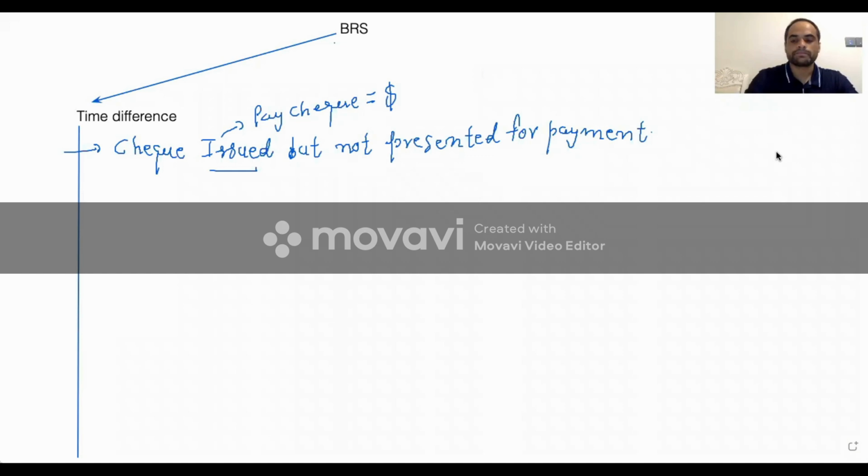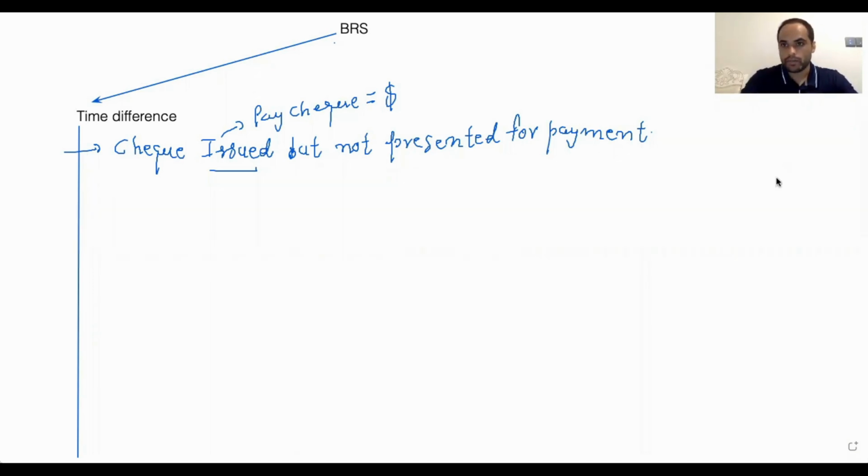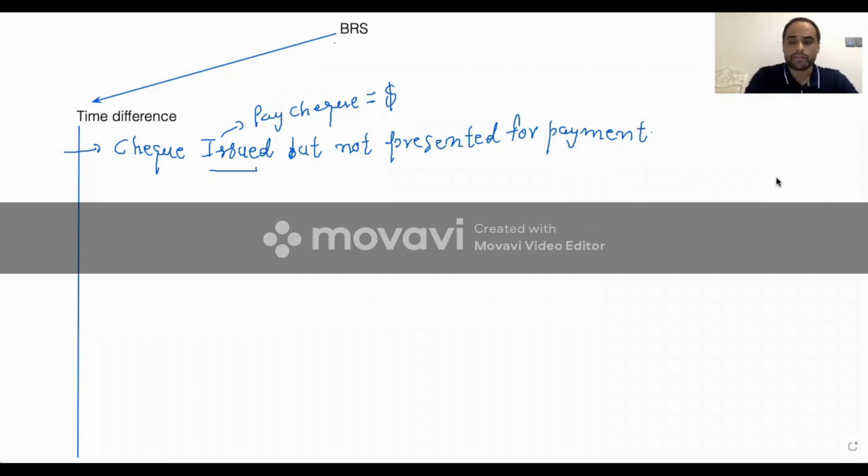I repeat, I give you a check. I'm a company, you're a supplier. I purchase raw material from you. I'm giving you a check, right? It means I'm giving you money. So you receive the check. Then you will go to your bank. You give that check to your bank today, the same day. And your bank will contact my bank.